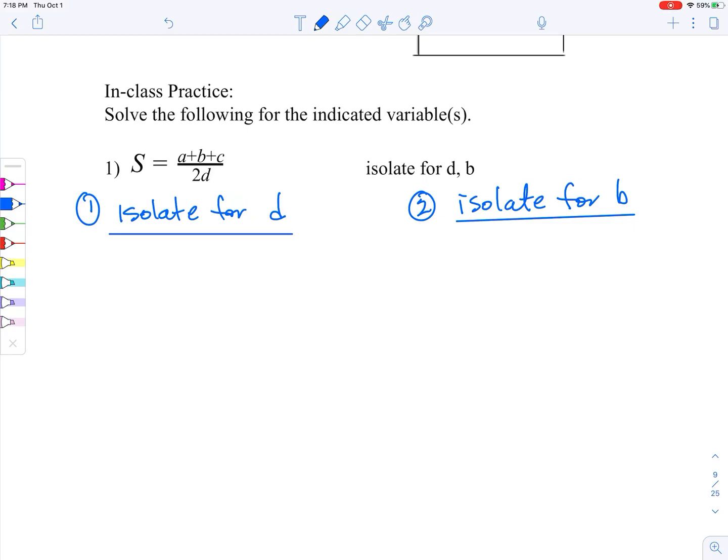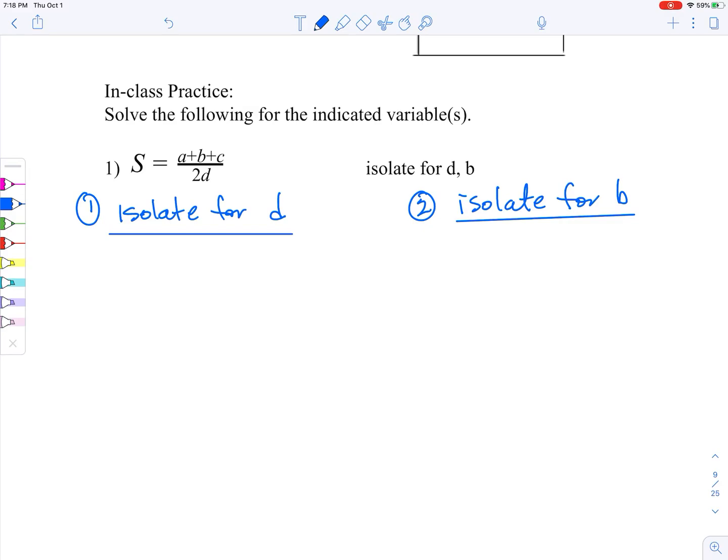So when we look at S equals A plus B plus C over 2D, the first thing I notice is that D is on the bottom. Whenever we want something isolated, it's not going to be on the bottom of a fraction. It's going to be up top. There are a lot of different ways we can do this. We could multiply both sides by 2D, or we could flip both sides upside down.